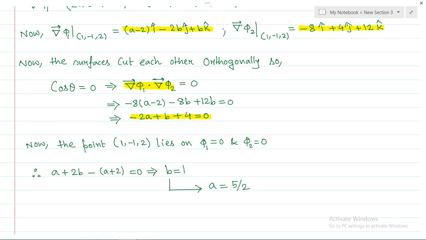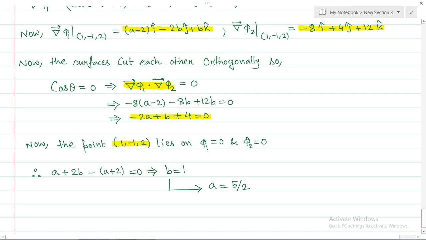Always remember that the point at which we calculate the angle should be common to both surfaces. So this point (1, minus 1, 2) lies on surface phi 1 as well as phi 2. If we substitute the point in the surface, it will satisfy the equation.